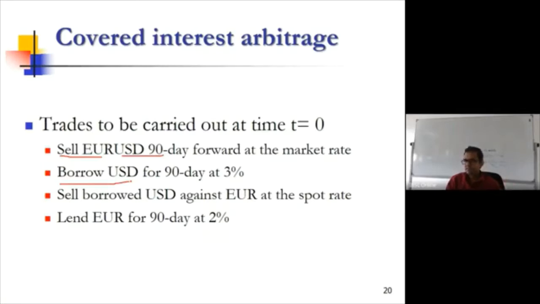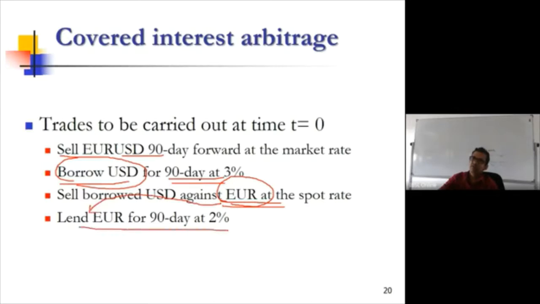In this scenario, we borrow counter currency for the same period, and we use this borrowed counter currency to buy the base currency in the spot market, and we lend that base currency amount that we bought through the FX market for the same period.